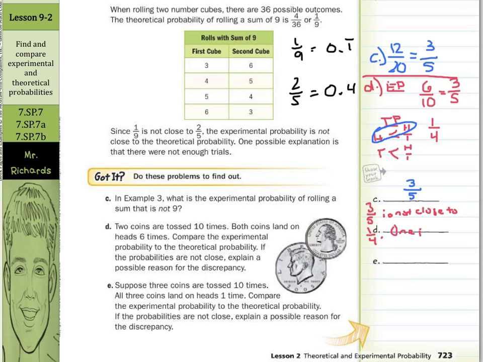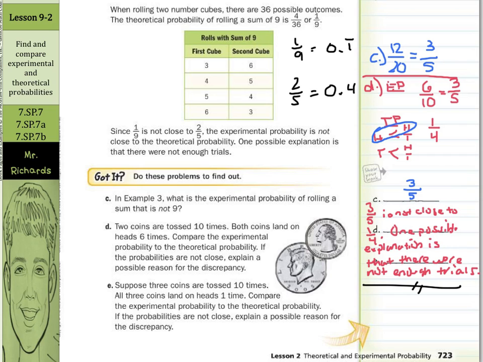One possible explanation is that there were not enough trials, meaning only tossing it 10 times may not provide the best and most accurate results for what should be happening. Let's move on to D.